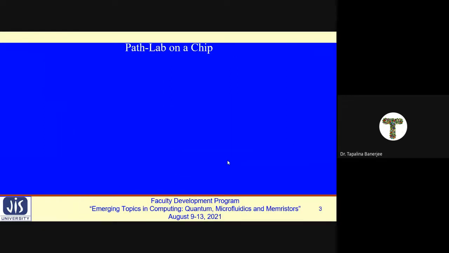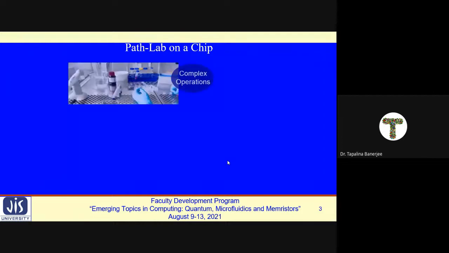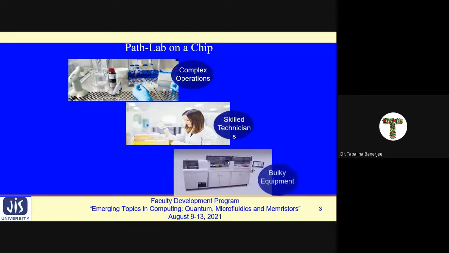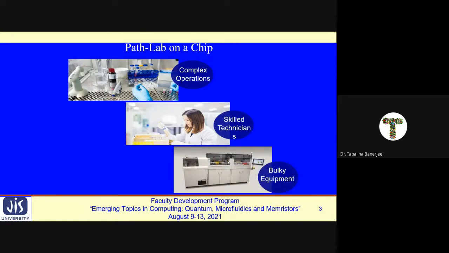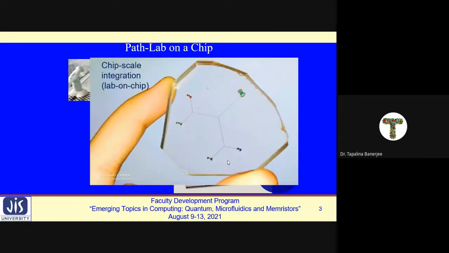Now, skilled technicians of a pathological laboratory handle different complex operations by using bulky set of instruments. Now this whole path lab is integrated on a tiny lab on chip.